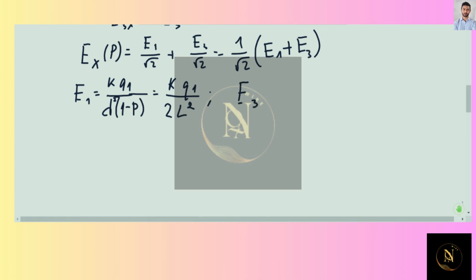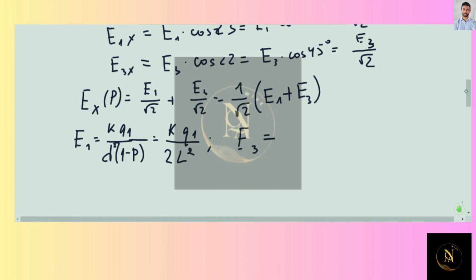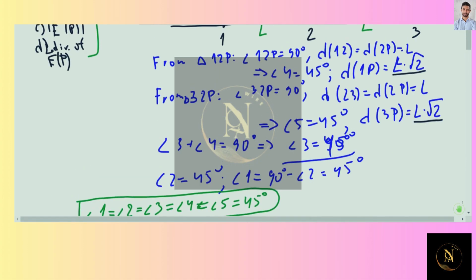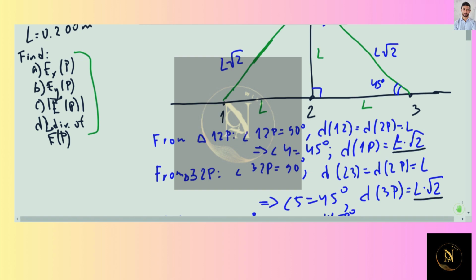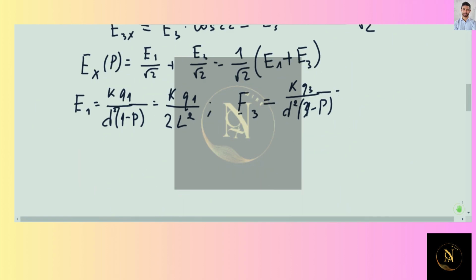In the same manner, E3 equals K multiplied by Q3 divided by the square of the distance between points 3 and P, which is also L multiplied by square root of 2. So this equals KQ3 over 2L squared. Now we can complete the calculation.